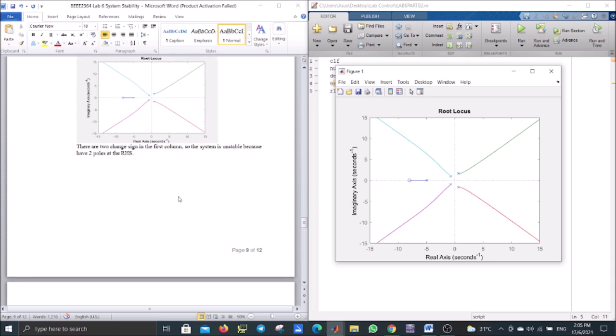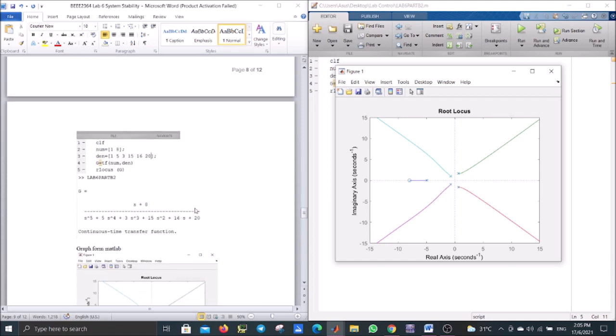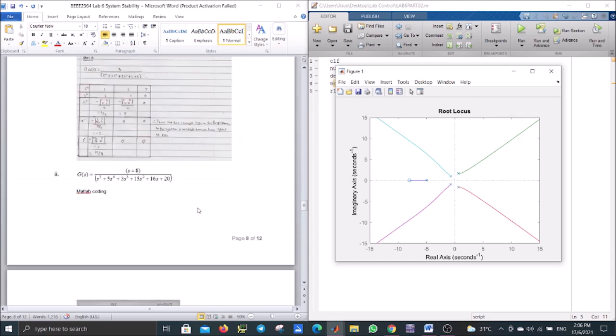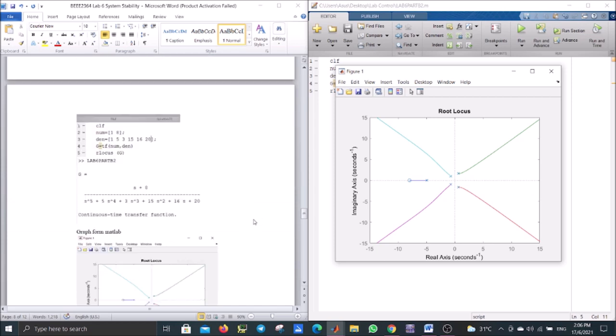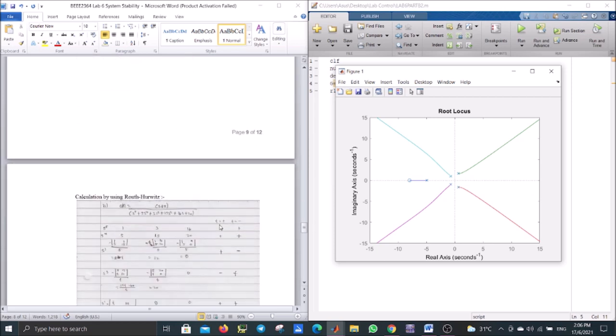As you can see in the graph, there are two sign changes in the first column, so the system is unstable because there are two poles at the RHS. Yeah, as I said before, for part 2 also it is unstable.